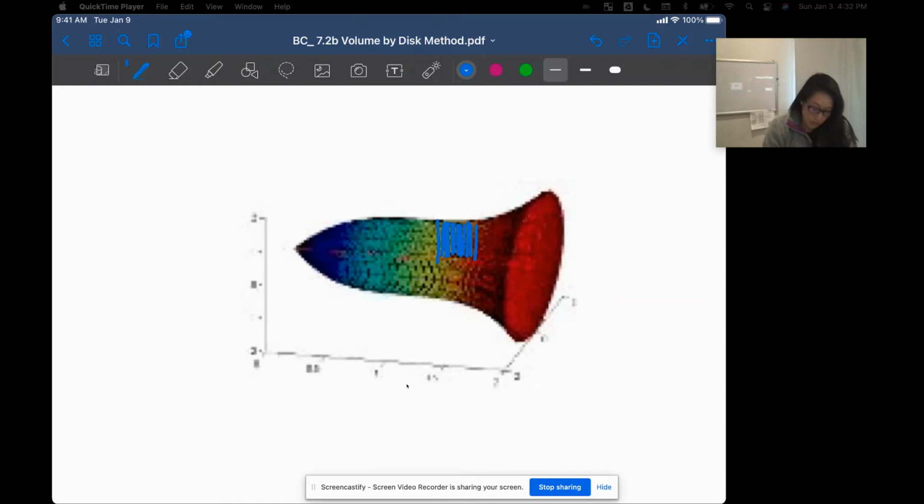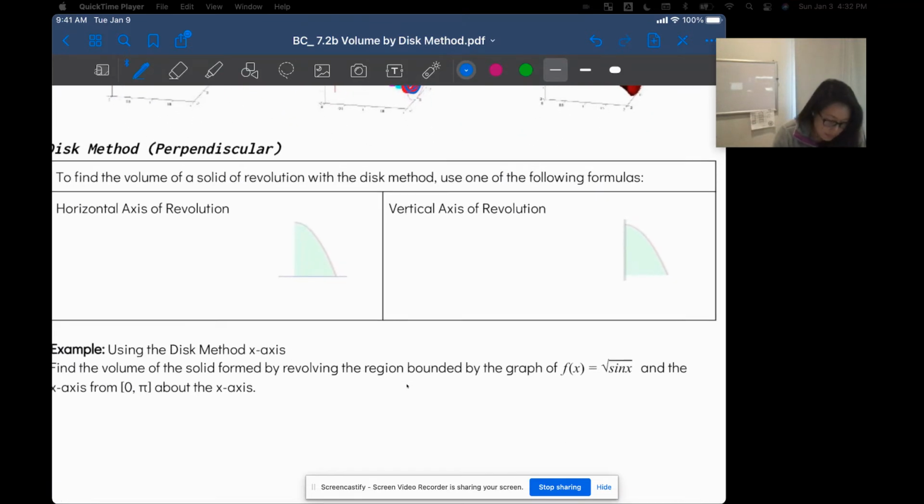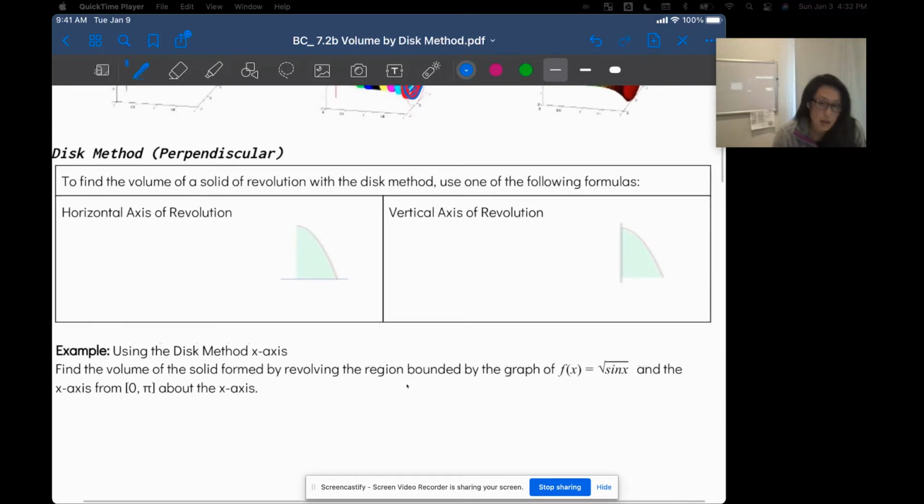What you notice is that when you rotate around your initial radius, you end up with a circle, right? So the shape that we're adding up over the bounds is a bunch of different little circles. So the disk method, I think about this as perpendicular because the way I'm cutting up my curve is perpendicular to the axis of revolution.